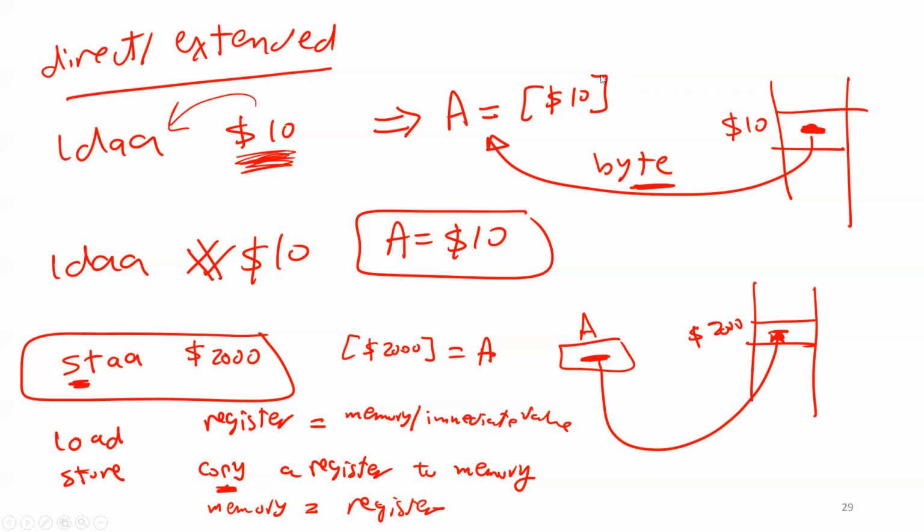As I told you before, when I use a square bracket this way, I mean this is an address and I want to store the content of this address in register A. However, if you put hashtag, after you execute this instruction, A should store 10. Okay, guys? Any questions?